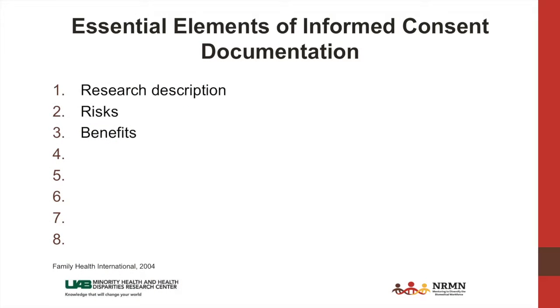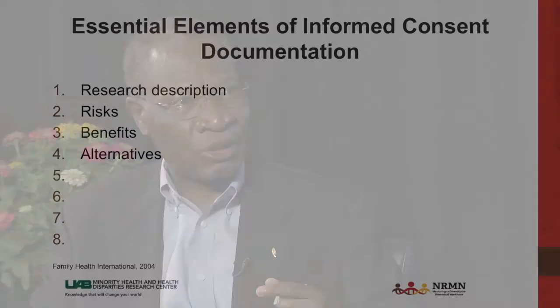So it's important to state not just the risks that are known, but also the benefits that may accrue. It's also important to educate the participants as to whether there are alternatives. That means you don't have to do this. If you choose not to do this, here are some other alternatives that are available to you. Now, those alternatives too may have side effects. We just need to be honest about it.